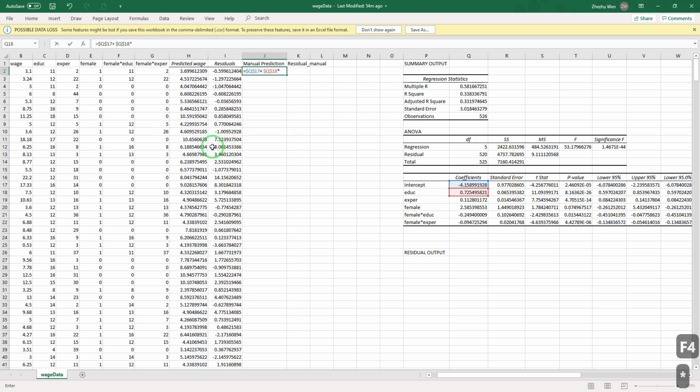Multiply with what? Multiply with education, okay? Plus multiply with experience itself, plus female, multiply with the female value, female education interaction, multiply with interacted value, multiply with interaction value.